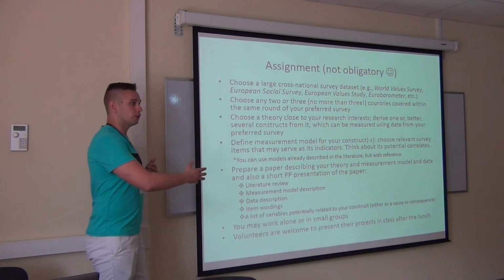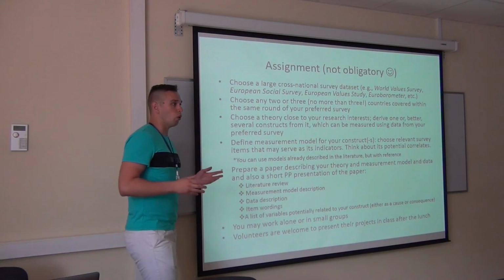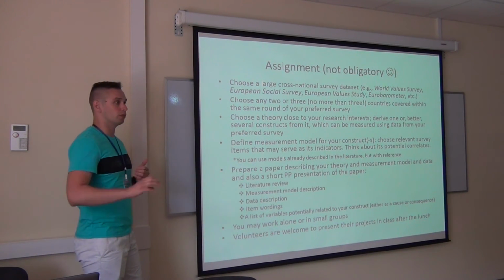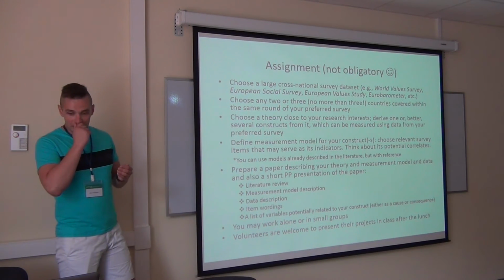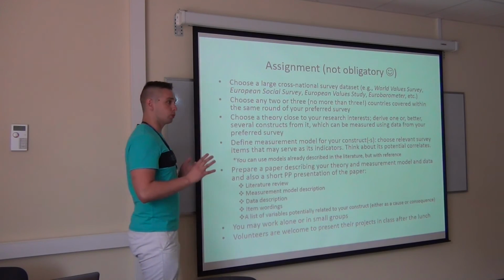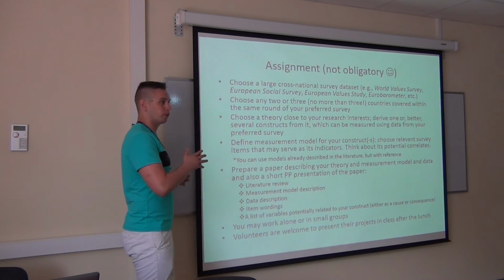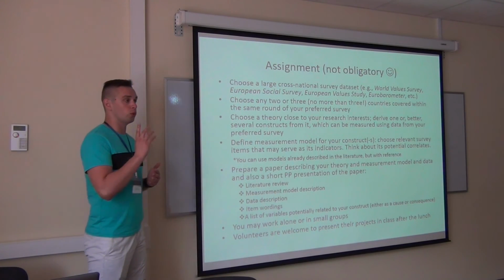Maybe university if you work with educational data, or maybe country region if you are region-based, and so on. Then choose any 2 or 3 groups presented in this survey. Countries, universities, and so on, but no more than 3.